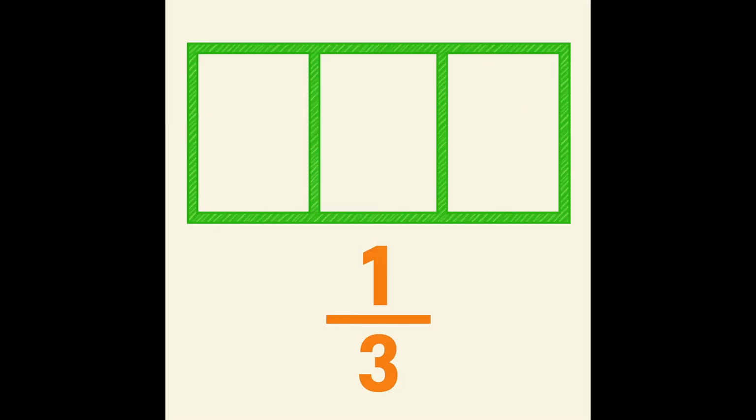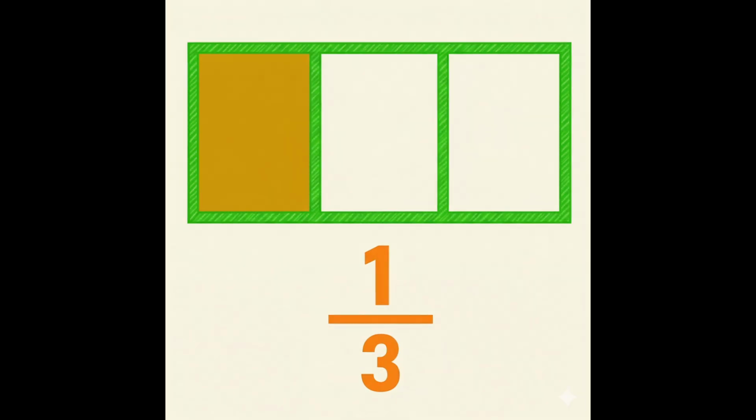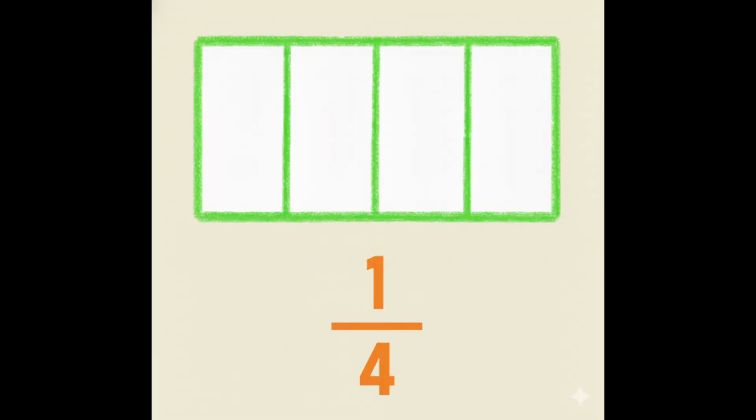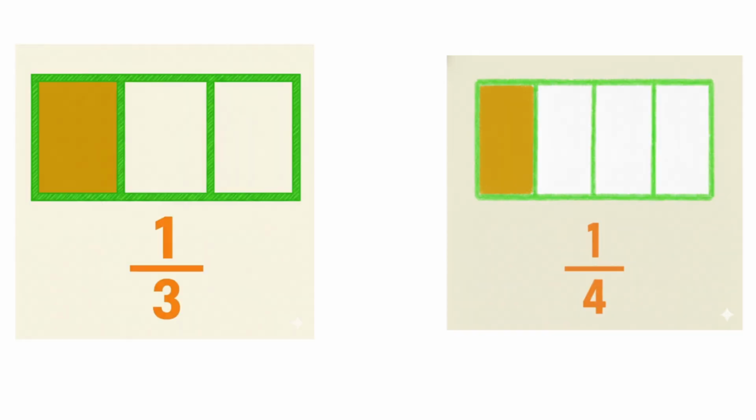Now here we need to shade one part to make the fraction 1 upon 3. And here we need to shade again one part of the fraction to make it 1 upon 4. Now looking at the shaded parts again, which one looks greater?